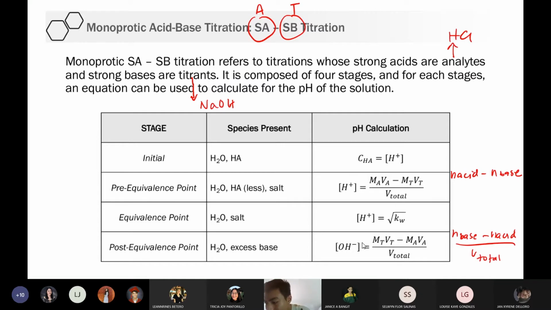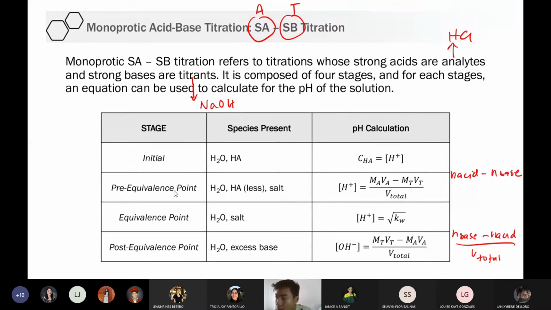Okay? So ano mapapansin mo? Ano mapapansin natin dito? That as long as you know the chemical species present, you can have an idea how to compute for the pH of the solution. Okay? At initial, puro acid lang, kaya ang pH ng solution ay negative log ng concentration ng acid.